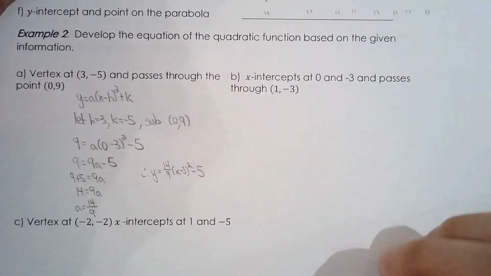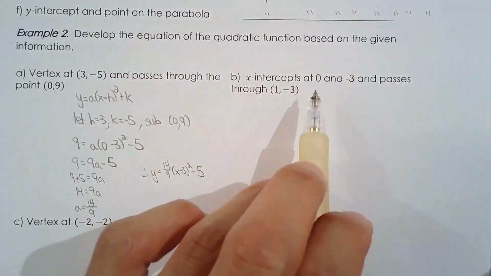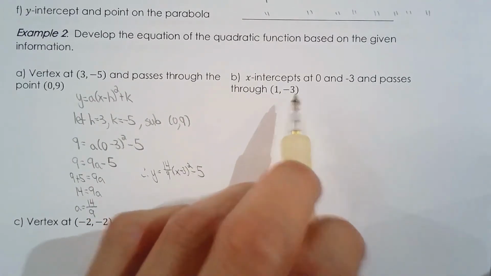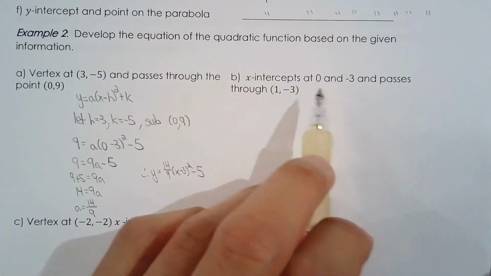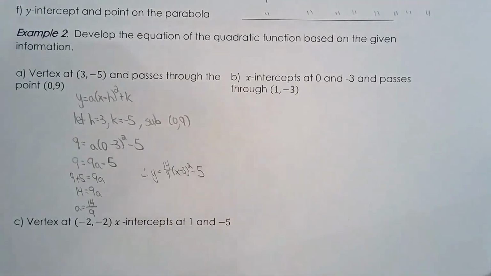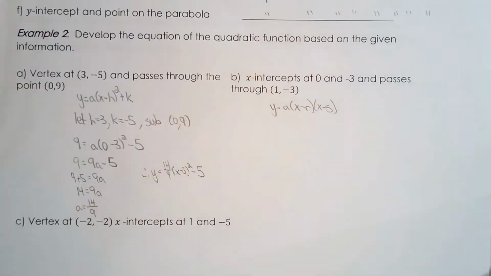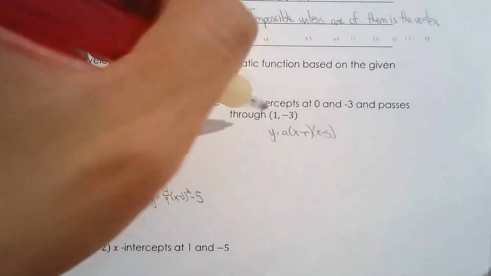Okay, so x-intercepts at 0 and -3 and passes through the point 1, -3. Now this time they gave me two x-intercepts, and it passes through the point 1, -3. So this time I'm going to build it in factored form, okay? Based on what they gave me, I'm going to build in factored form.